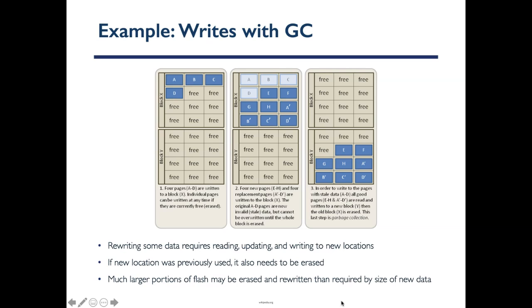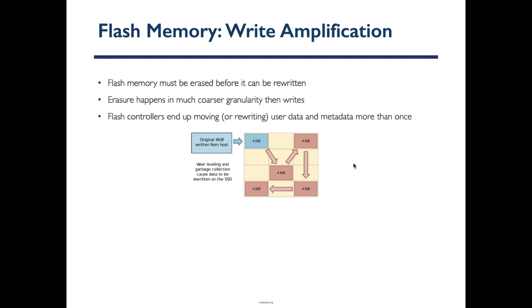So one point here is that, as you can see, you basically wanted to just write, in this case, 8 pages in this second step, but you ended up doing some garbage collection, some other writes and reads. So what you have is write amplification, both because of wear leveling and because of the physical limitation that you have to erase all the pages in the block to write only one of them.